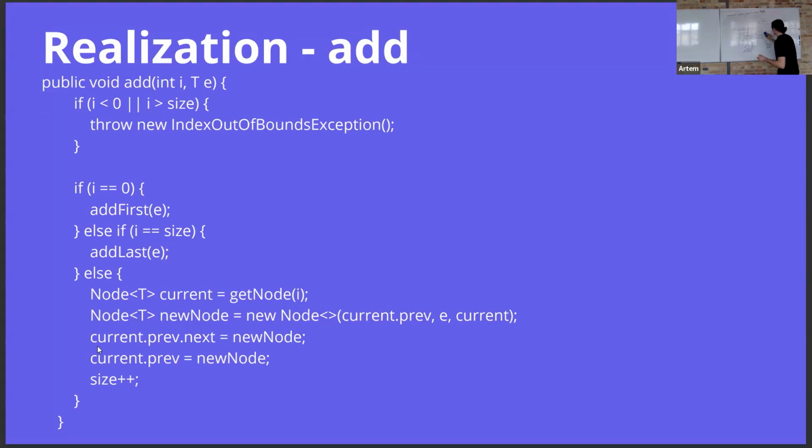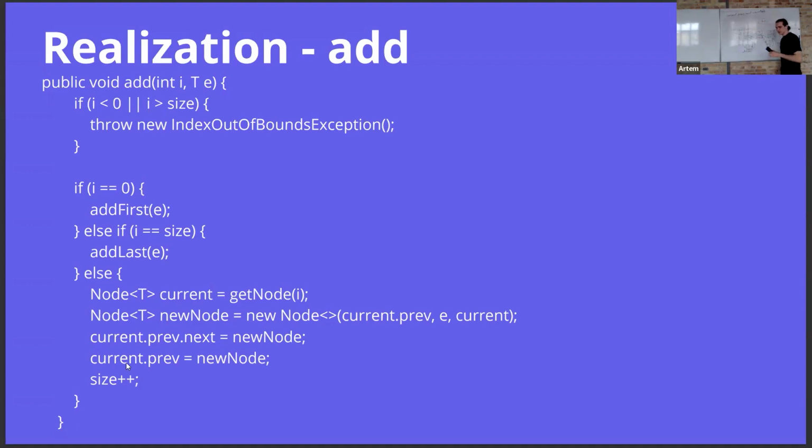We remove this connection, and now next of this element will have this reference. Does it make sense? Okay, I will not ask it anymore. I understood.